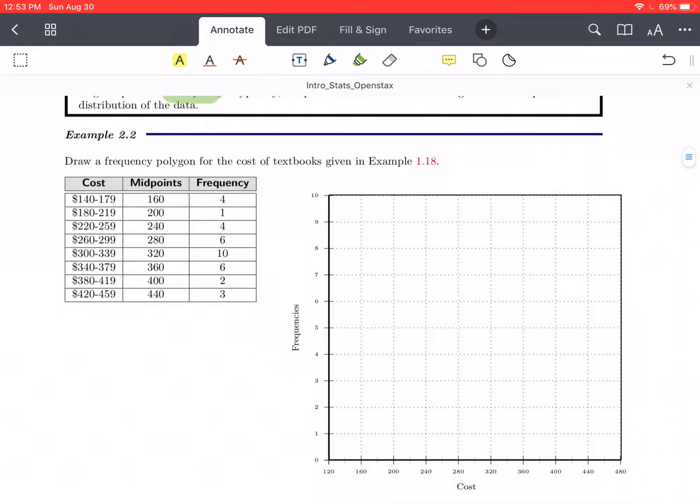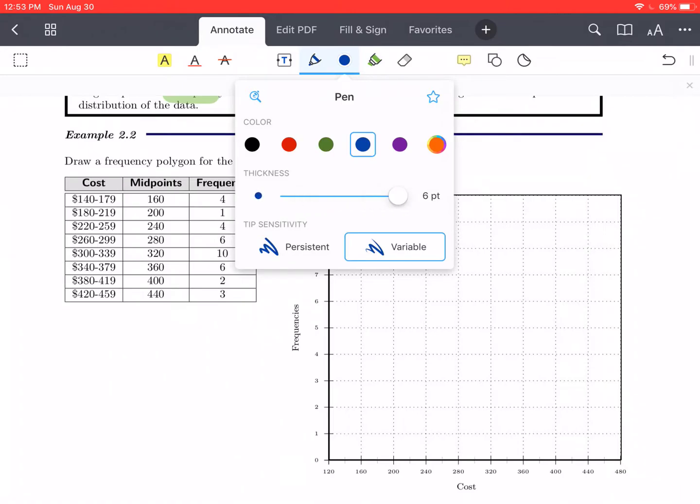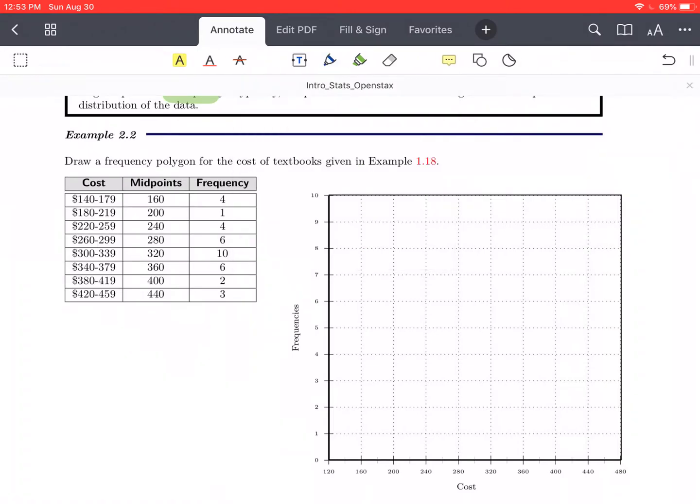Alright, so let me get a thicker pen here. From 140 to 179, we're drawing a frequency polygon for the cost of textbooks. The midpoint is 160, so that's down here.